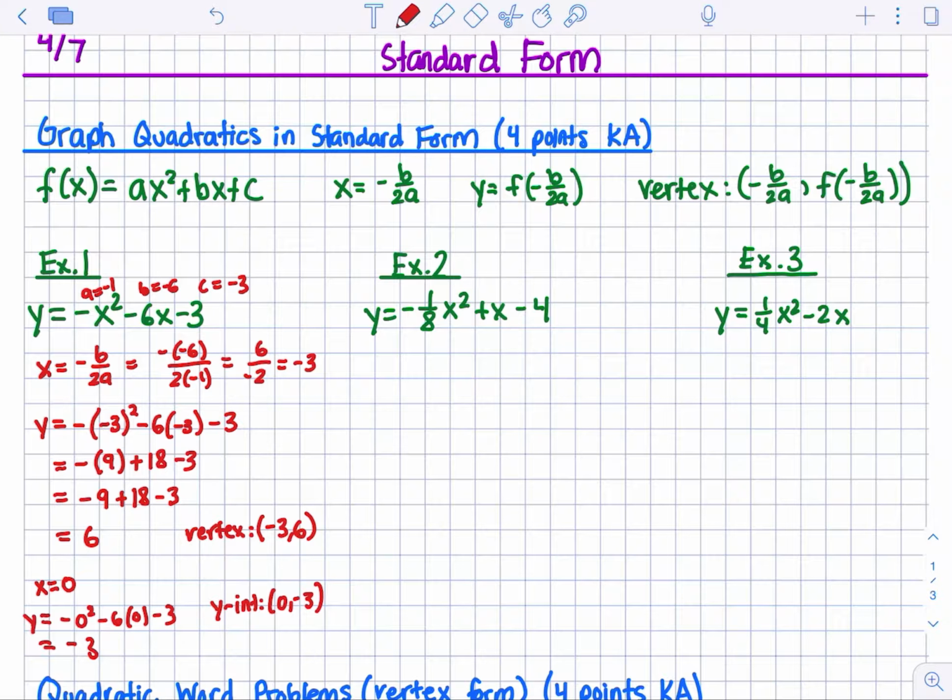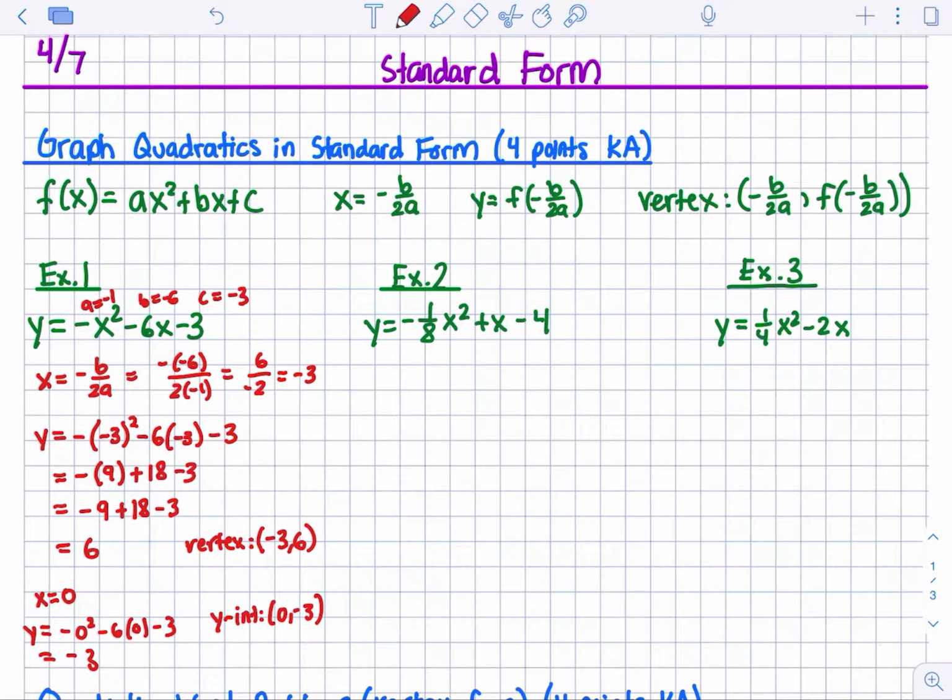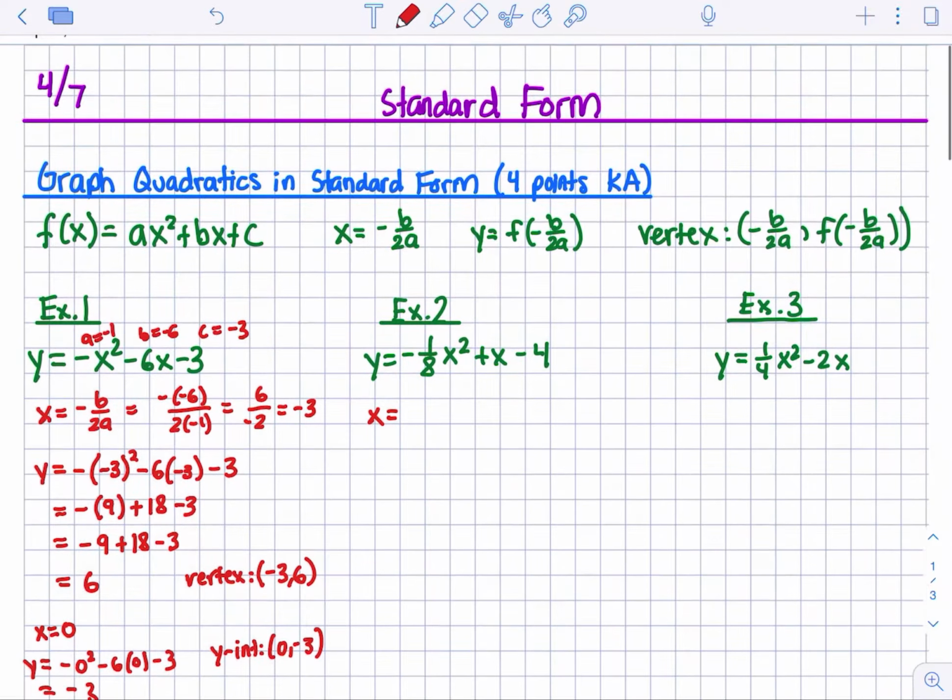All right, example 2, same deal. So we have to find your vertex. So gotta use this equation. x equals negative b over 2a, which is equal to, okay, so a is equal to negative 1/8, b is equal to 1, and c is equal to negative 4.